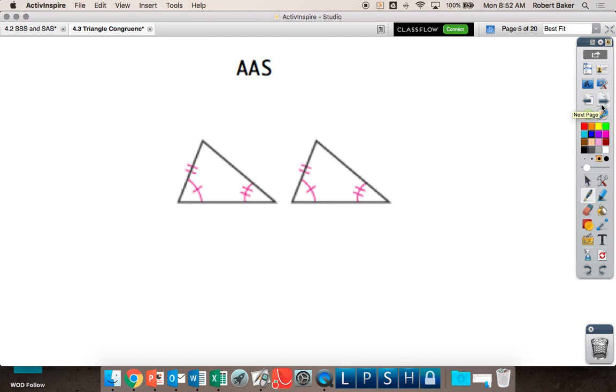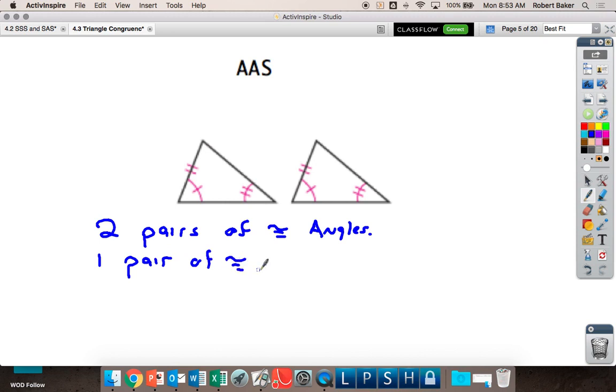Angle, side is 2 pairs of congruent angles, one pair of congruent non-included sides. So in this instance, the side is not between the angles.